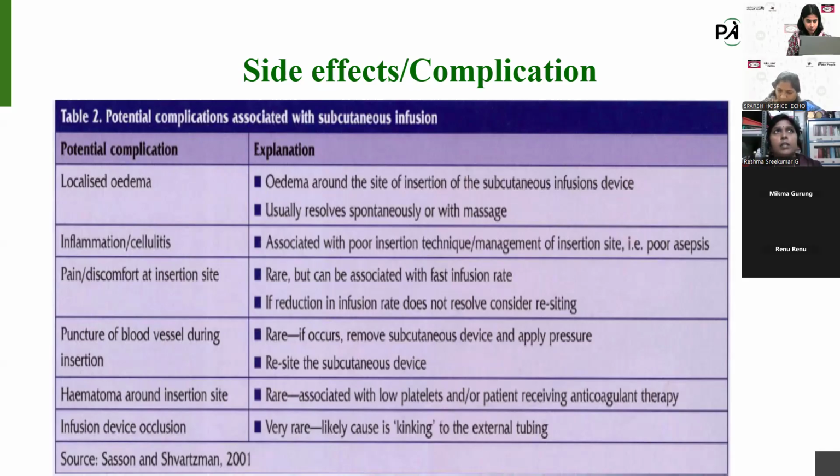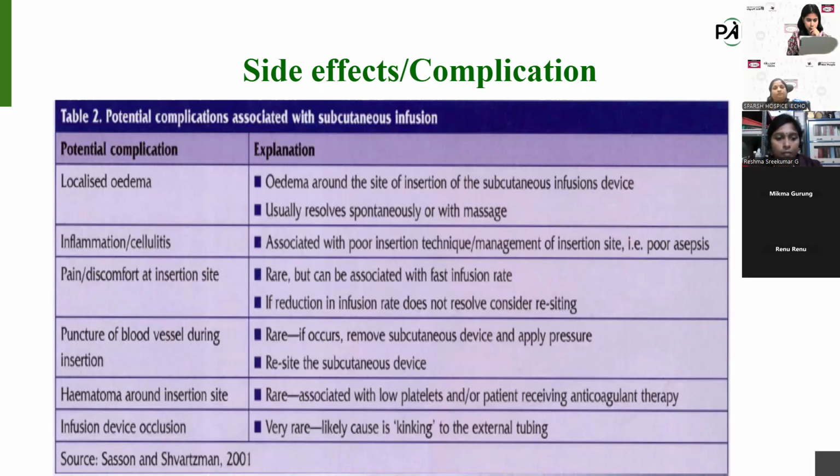Then wait for some time. If the patient is comfortable, then we can continue with the subcutaneous infusion. If after reducing the drip rate the patient is still experiencing pain, then we should choose another site for the subcutaneous infusion. That is, we should resite the subcu-line.